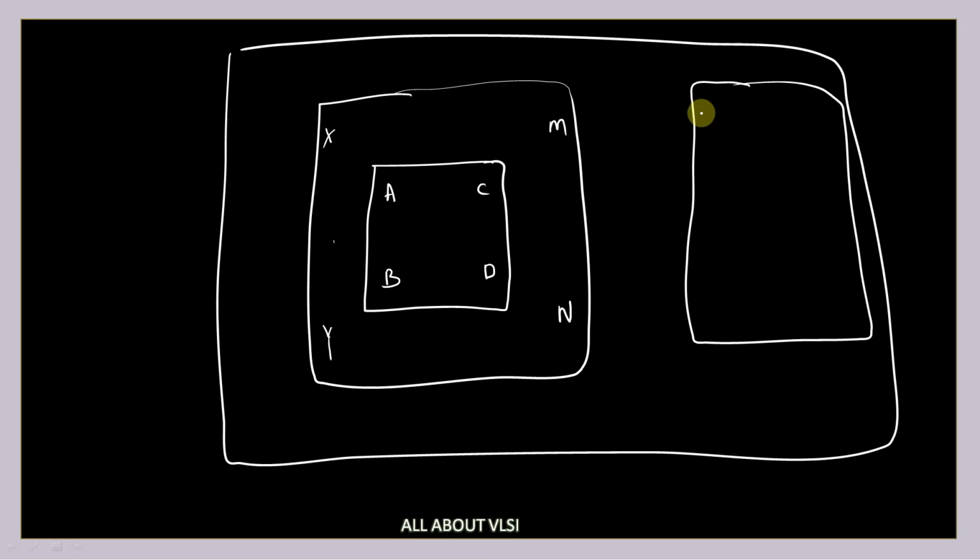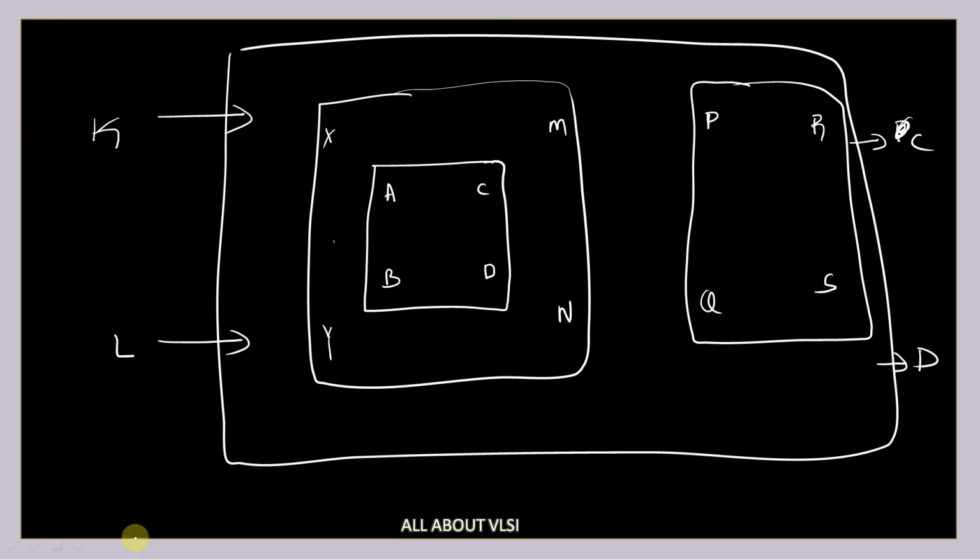And this has some variables, let's say p, q, r, s. This has some input ports, let's say k and l, and some output ports, let's say c and d.